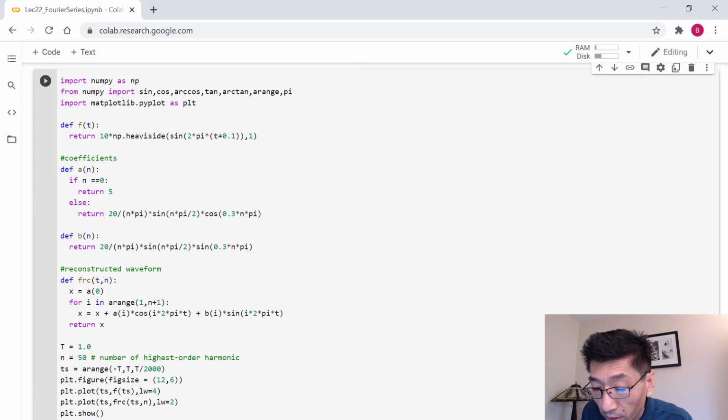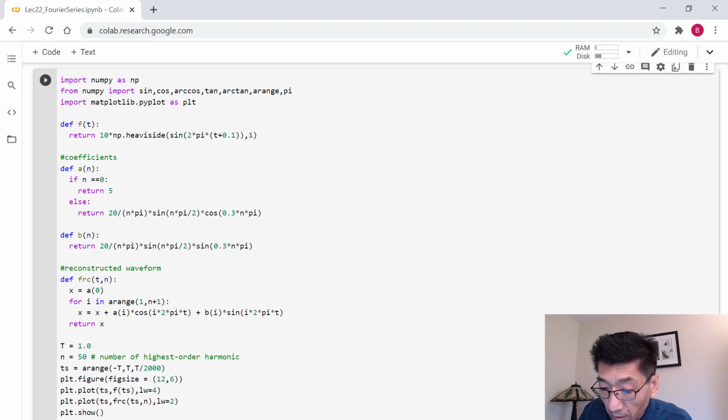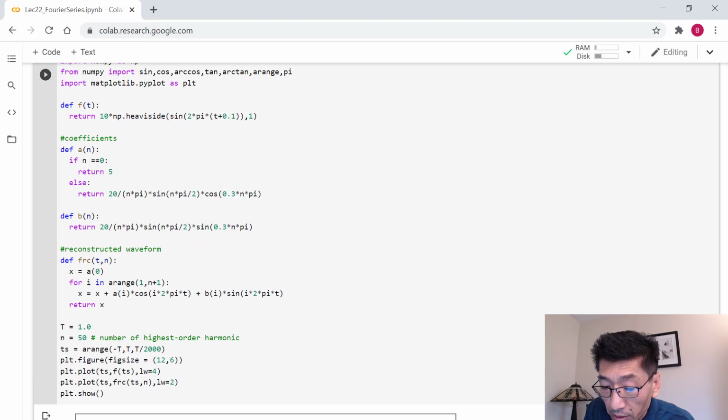I defined the original function f(t) here, and I use the results we calculated for a_n, 20 over n pi times sine of n pi over 2 times the cosine, and for b_n, 20 over n pi times sine of n pi over 2 times sine of 0.3 n pi.